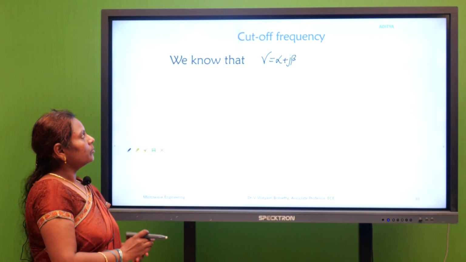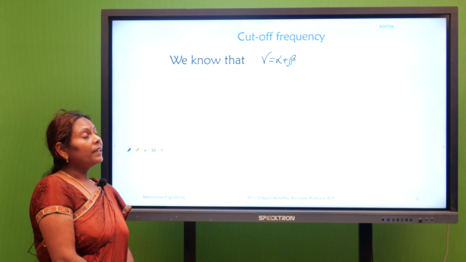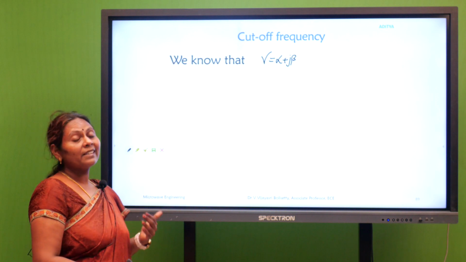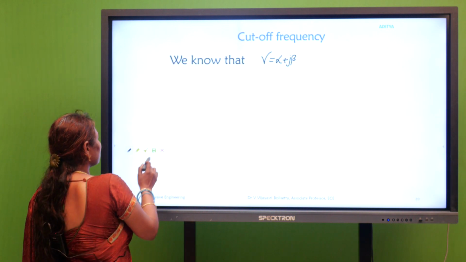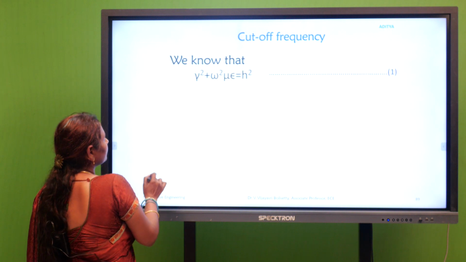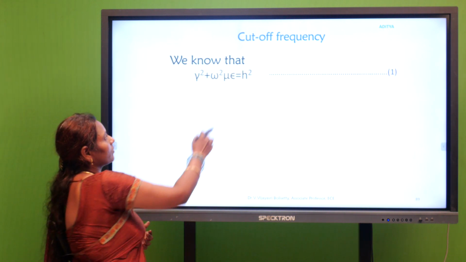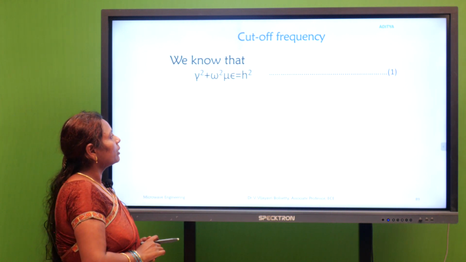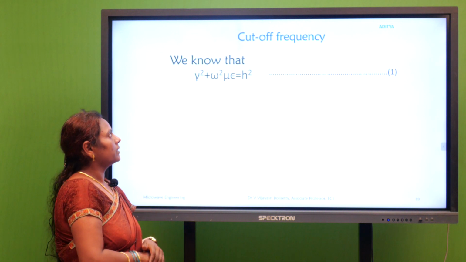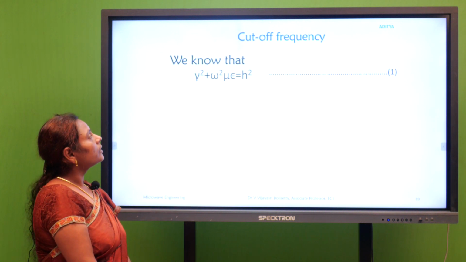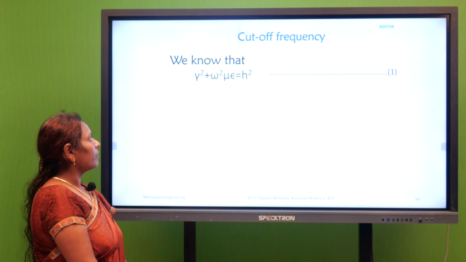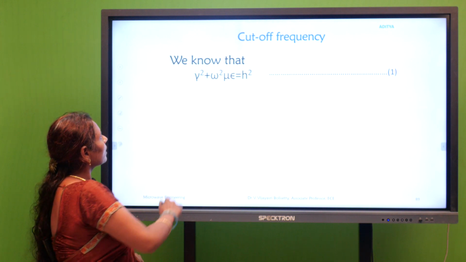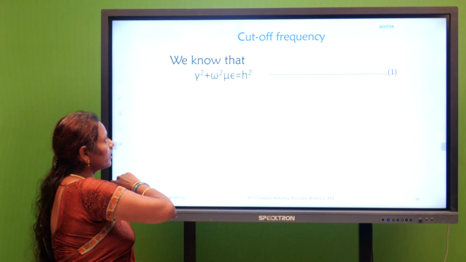To derive this propagation constant gamma, we go through our equation, that is h square is equal to a square plus b square, where h square is nothing but gamma square plus omega square mu epsilon. We have used this equation in deriving the TE and TM wave equations, where gamma is the propagation constant.